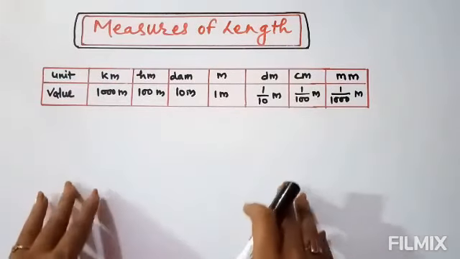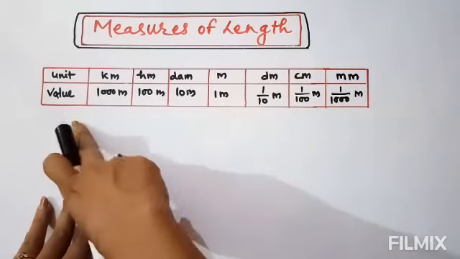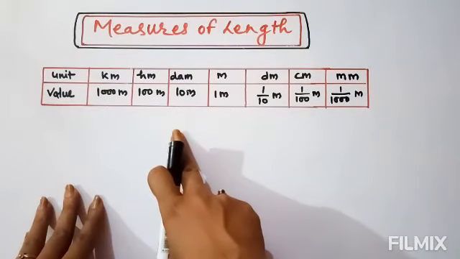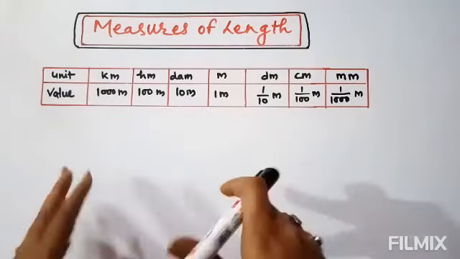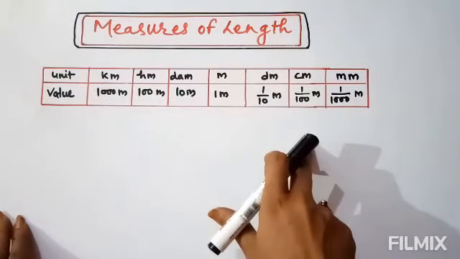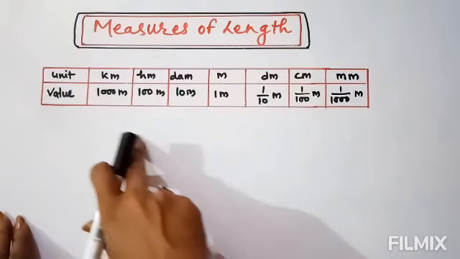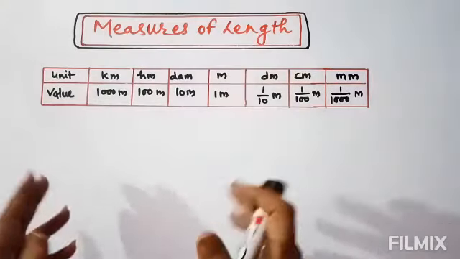Now the question arises, what do we do to convert a higher unit into the base unit and into the lower units? And what do we do to convert lower units into the base unit and into the higher units? So let's see this.